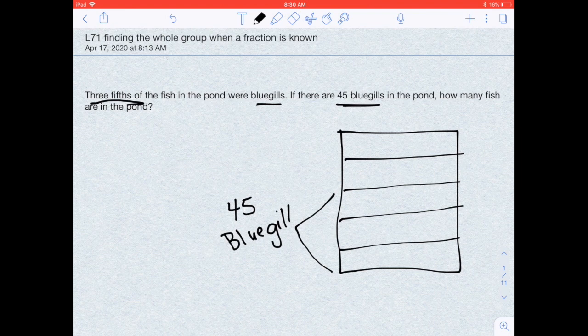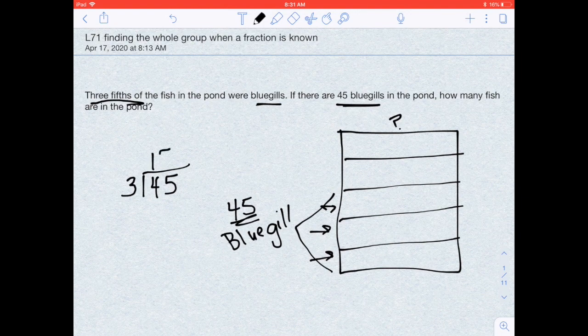Okay, I don't know what the total is. That's what I'm trying to figure out right now. So I need to figure out if I have 45 and it fits into these 3 pieces, how many fish would go into each piece? So what I'm going to do, instead of dividing by 5, I'm just going to divide it by the 3 pieces that I know are my bluegill.